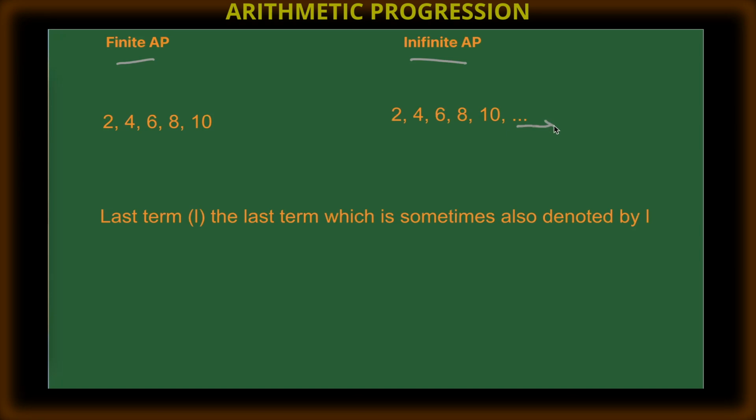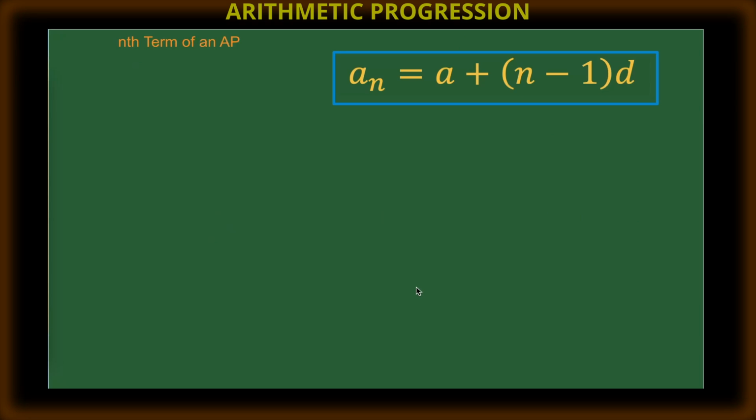So simply remember, something which does not have a stop or keeps growing is infinite. Also, the last term is denoted as L in the arithmetic progression. Hope this is clear.